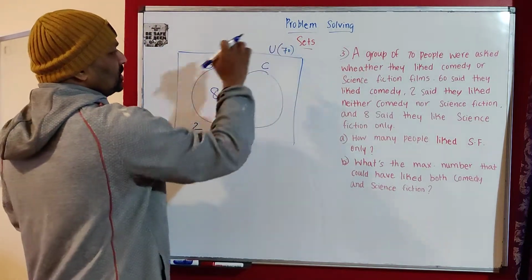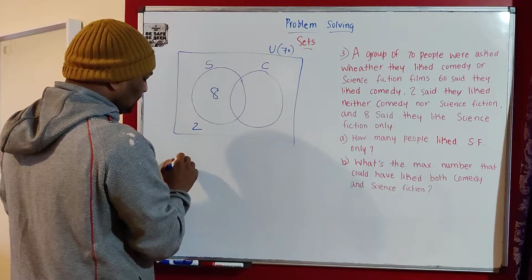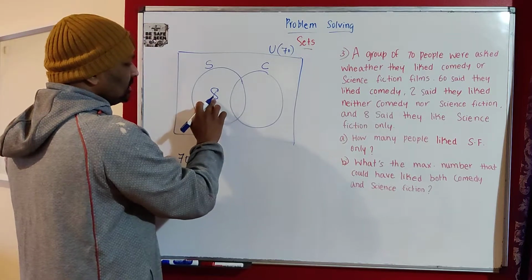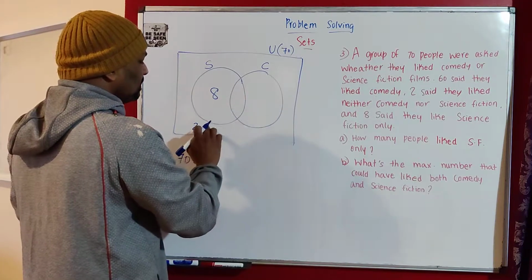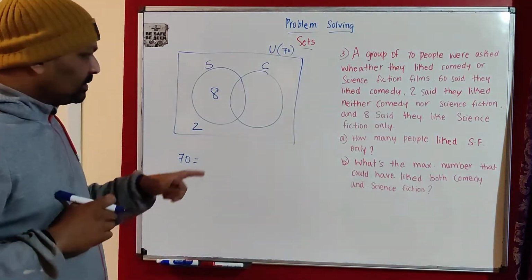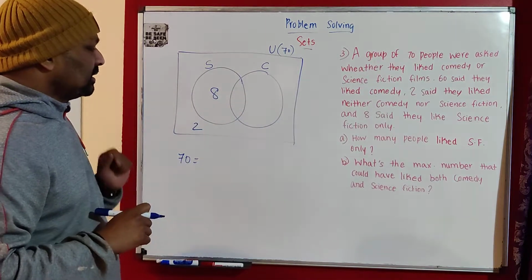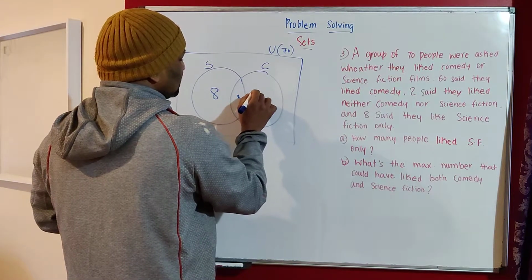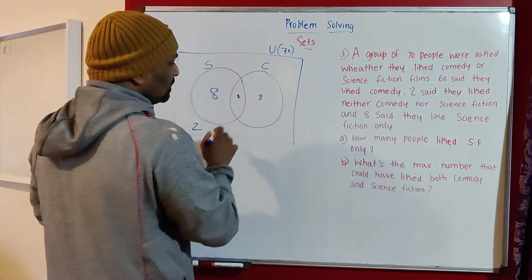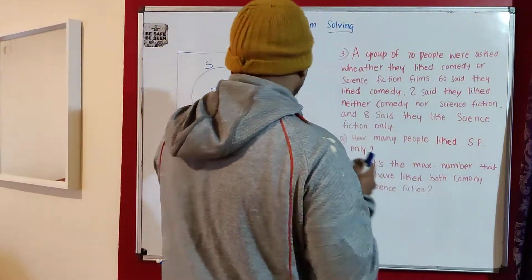Now the question is, for example, the total students are 70, which is equal to the students here plus the students here plus the students here plus the students here, equated to all these numbers. Here we don't know, so assume it is an x for now. Here you can consider this as a y. Okay, x and y.